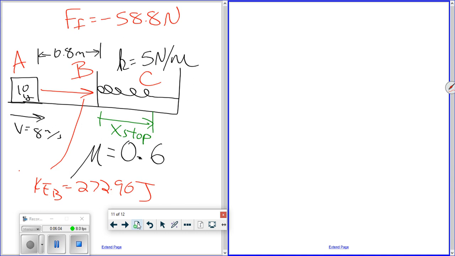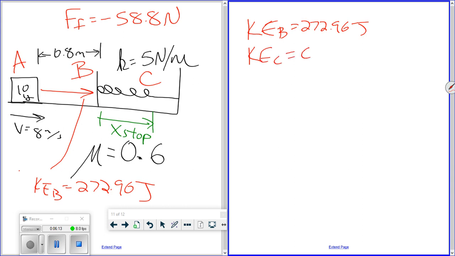Okay? So, here's what we know. We know the kinetic energy at B is 272.96. Kinetic energy at C is 0. I know that my net work is my change in kinetic energy, right? So my change in kinetic energy is negative 272.96.